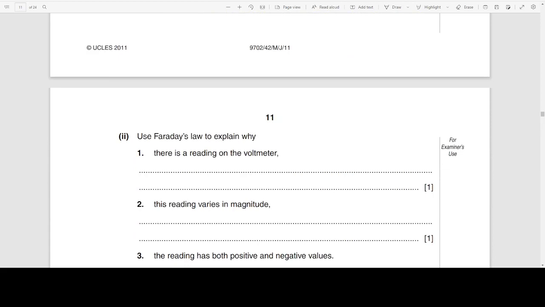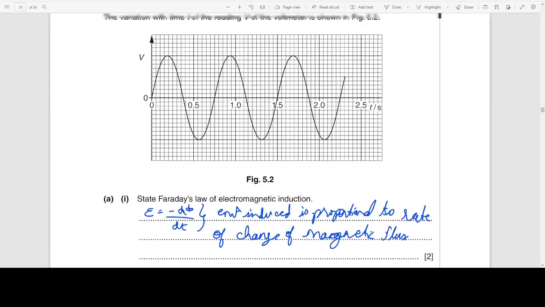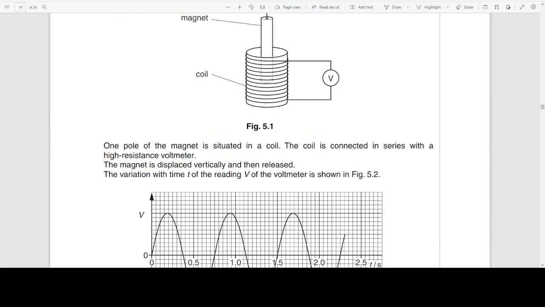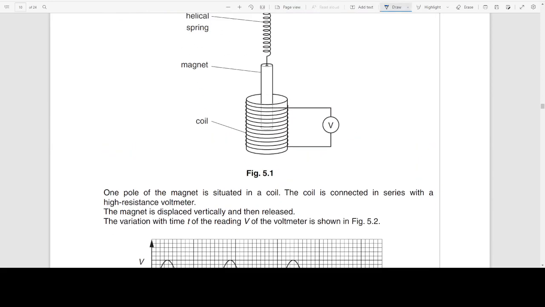We need to explain why there's a reading, so we just need to explain why there's even a reading. So I guess the only reason is just that the magnetic field due to this magnet, let's say they are like this.